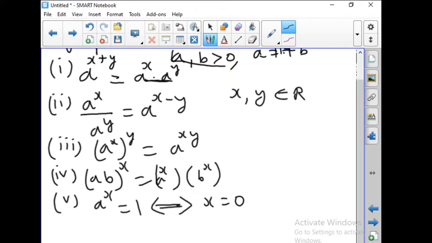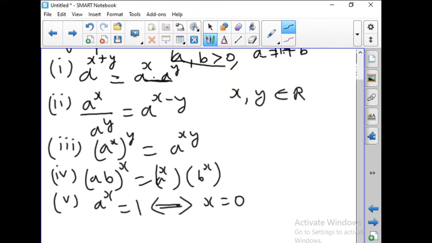And in case of division, when the bases are the same, we subtract. In the place of x and y, we can take any other constants, m, n, all those can be taken. These properties you must remember, which we will be using in doing problems.